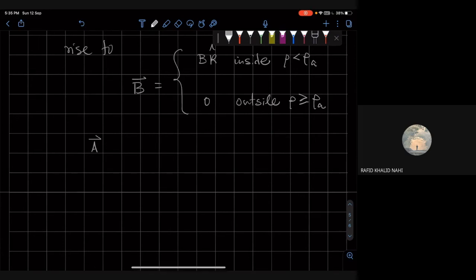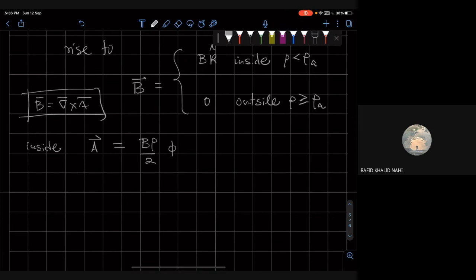We can solve the equation B equals curl of A, or you can just check it by plugging this in. The solution is that A inside will be the constant B times rho divided by 2 phi hat.